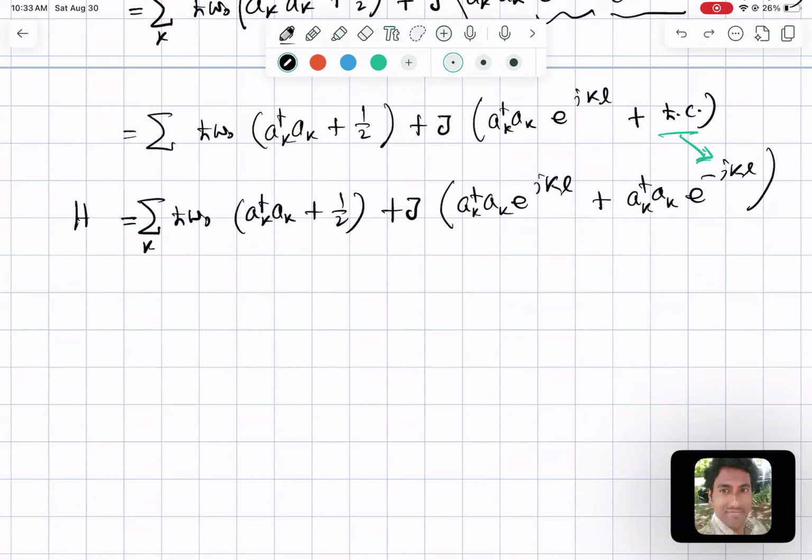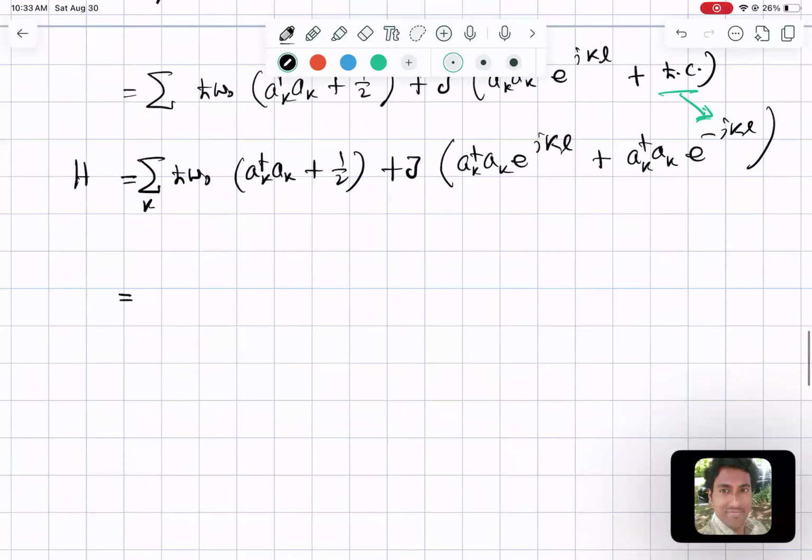So we can write this in slightly different ways. The way to write this is, we can take all the a dagger a as a common factor, right?